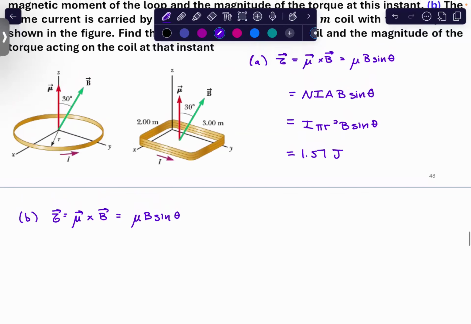Because if you look back at the original cross product, that has to be the angle between the mu and the B. Remember, when you're crossing one vector into another, the theta is the angle between the two vectors. What is A for this second one? Yeah, length times width. Length, width, B, sine of theta.